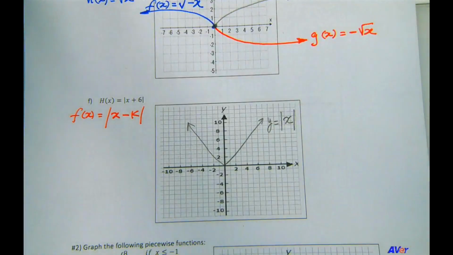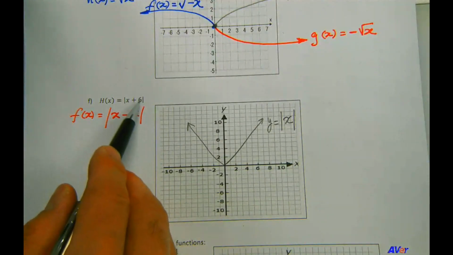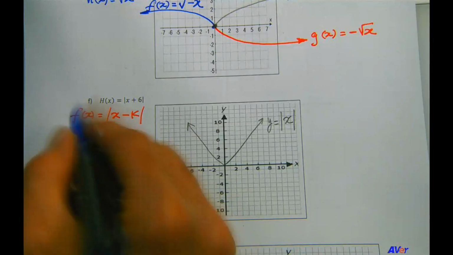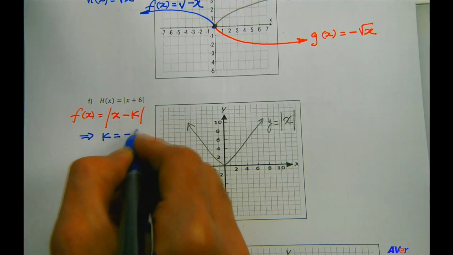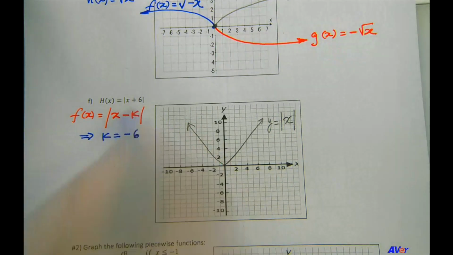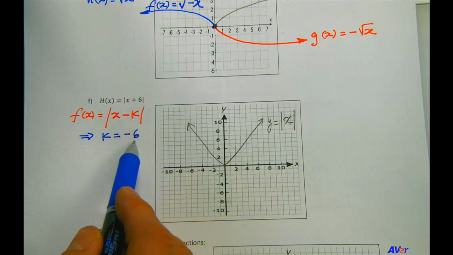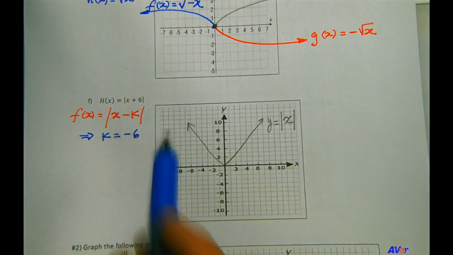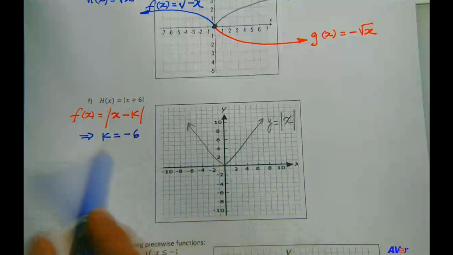Looks like that, right? So compare this with that. That means k must have been what value? That means k must have been minus 6, because this minus has changed to positive. So if k is equal to negative 6, that indicates movement horizontally 6 units to the left.